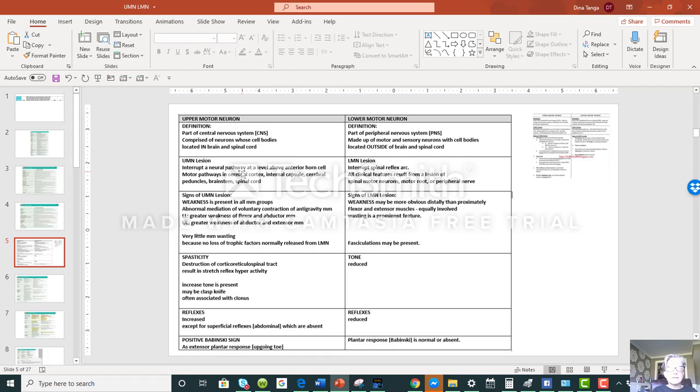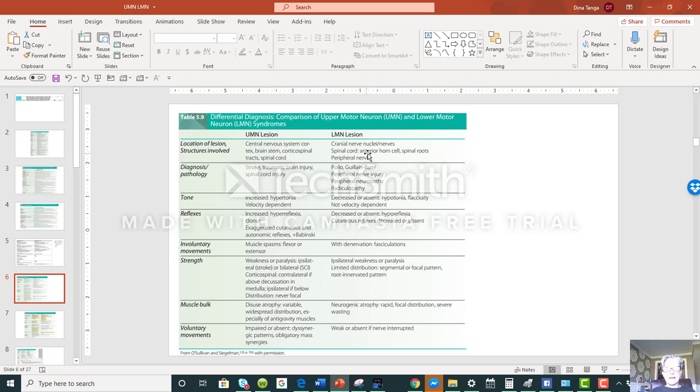So the upper motor neuron lesion is at a level above the anterior horn cell. And this is the anterior horn cell. So it looks like the anterior horn cell is the point that the upper and lower motor neurons kind of go their little separate ways.